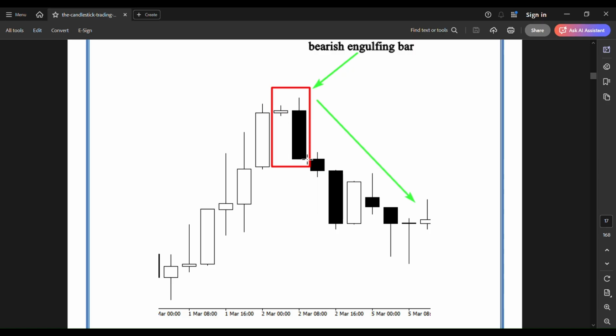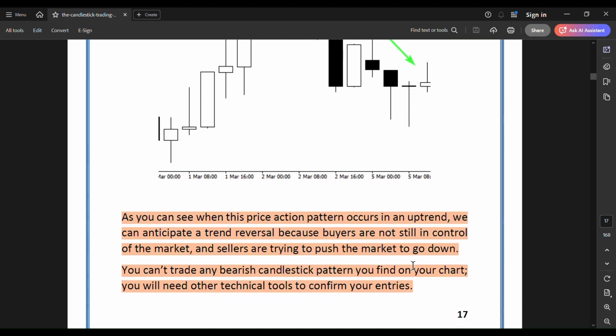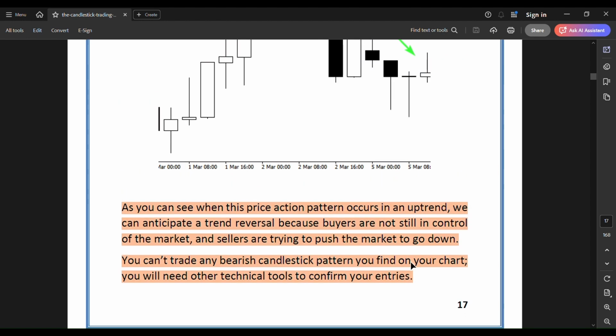Then this is a strong signal for a reversal pattern. So when this price action pattern occurs in an uptrend, we can anticipate a trend reversal because buyers are no longer in control of the market, and sellers are trying to push the market to the downside.